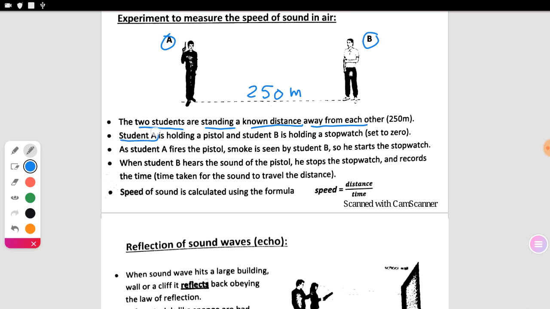Student A is holding a pistol and student B is holding a stopwatch set to 0.